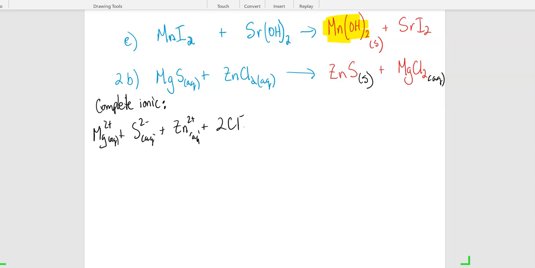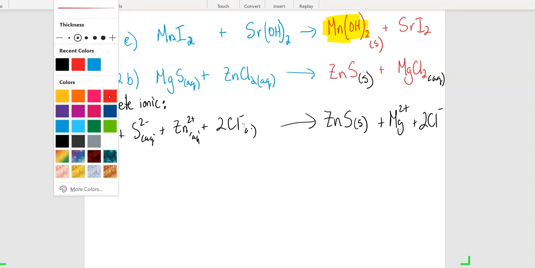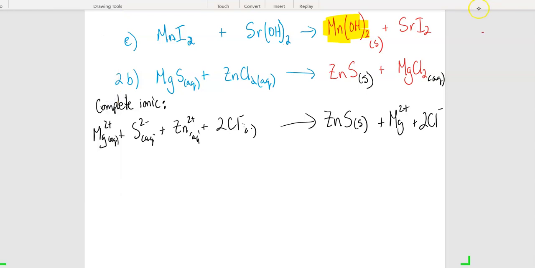And then on this side, the zinc sulfide solid precipitate stays as solid, and the magnesium exists as its ions in solution. That's our complete ionic equation. We go through canceling out our spectator ions.